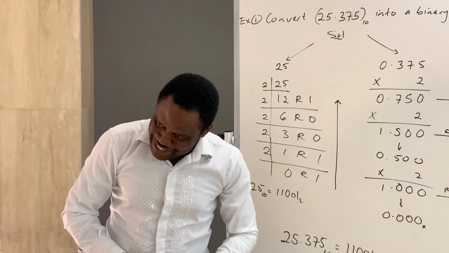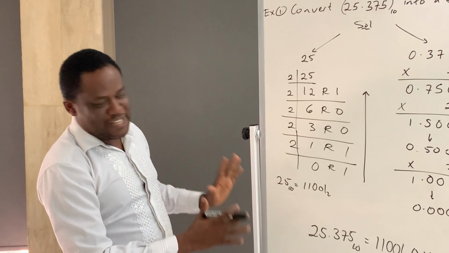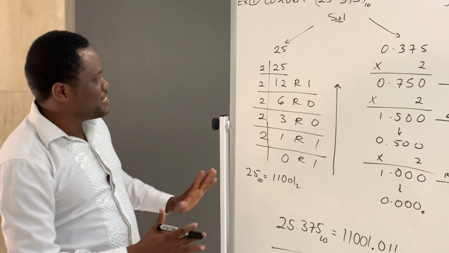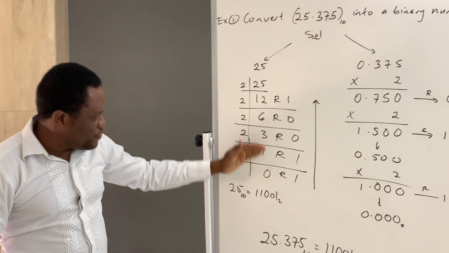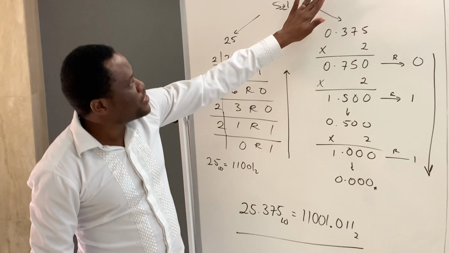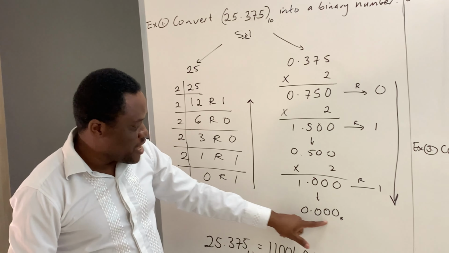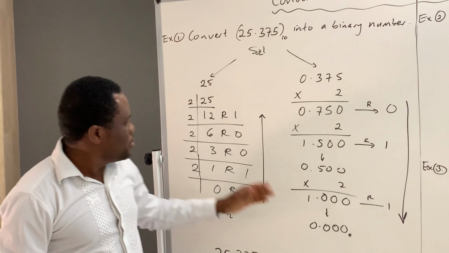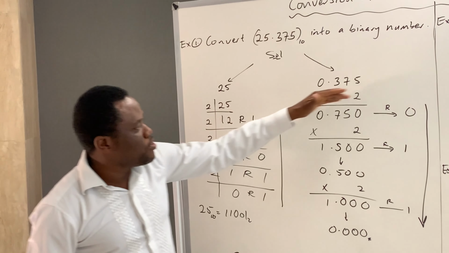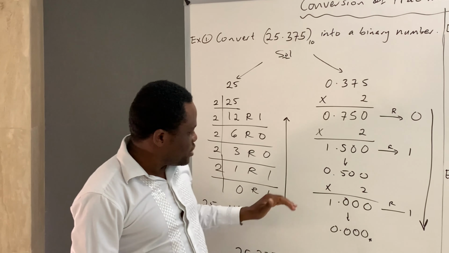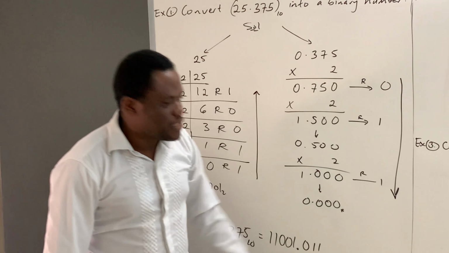Are we together? Very, very nice. Whole number, you divide until 0. Fraction number, you multiply by the base until you get no number. The whole number is read from down to up, and the fraction is read from up to down.